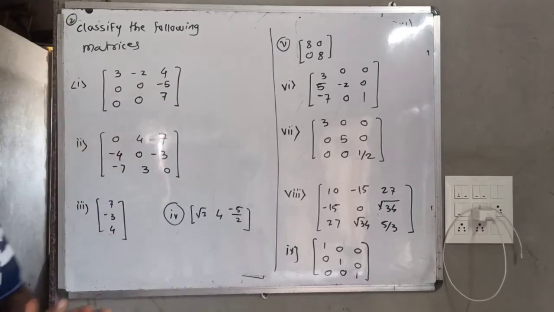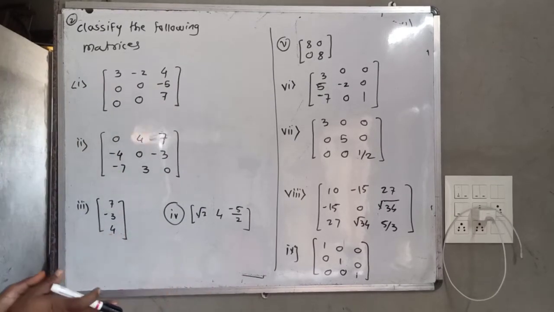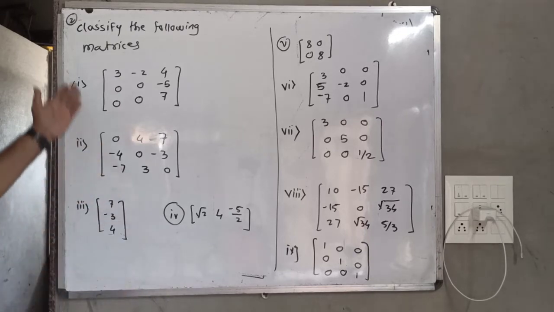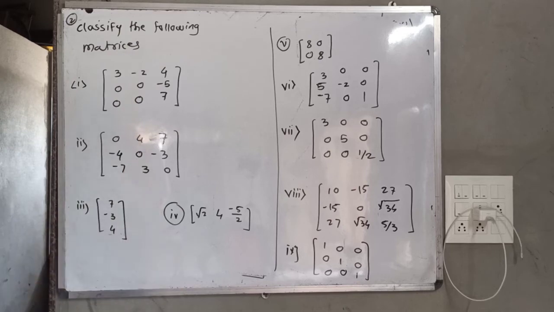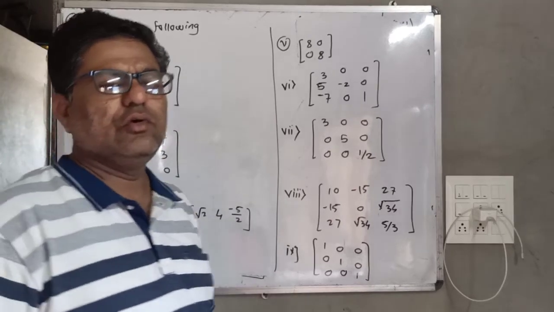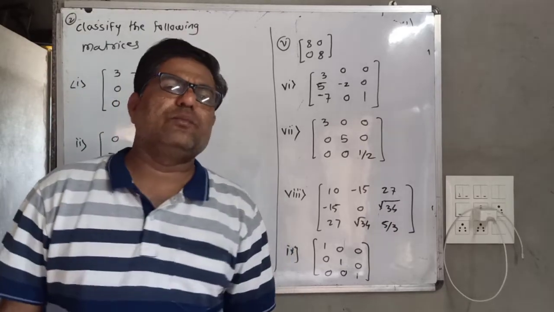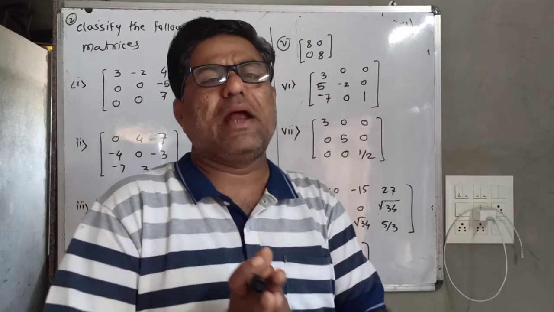Here our second example of our exercise is, they are asking to classify the following matrices. Here 9 matrices are given to you. Then what is the classification? Just remember the topic of types of matrices.